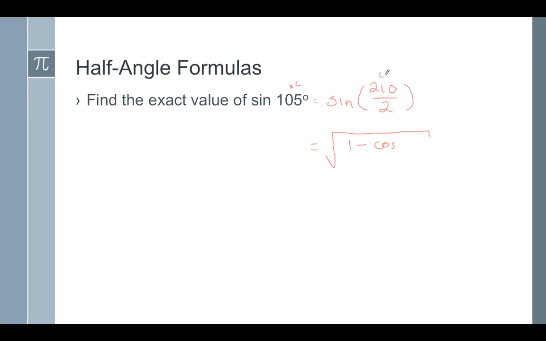In this case, u is 210, not the 105, all over 2. All right, so then we just need to do the simplification. So we get the square root of 1 minus, all right, cosine of 210. Let's see, that is a negative root 3 over 2, I believe. Right, so that's a negative root 3 over 2, so this becomes a plus.